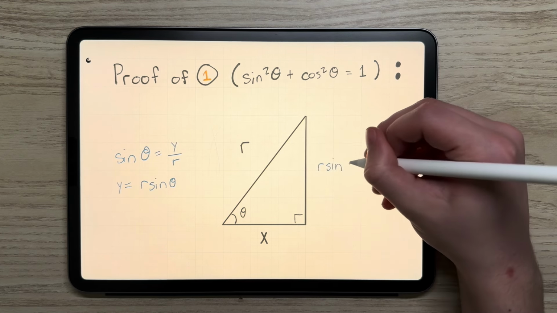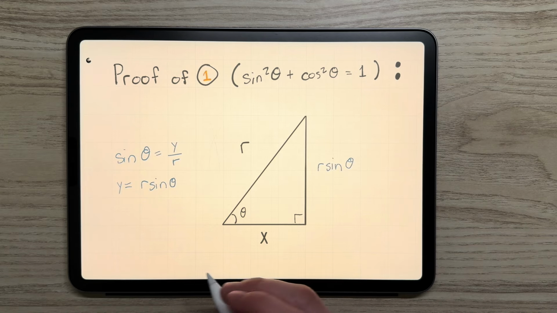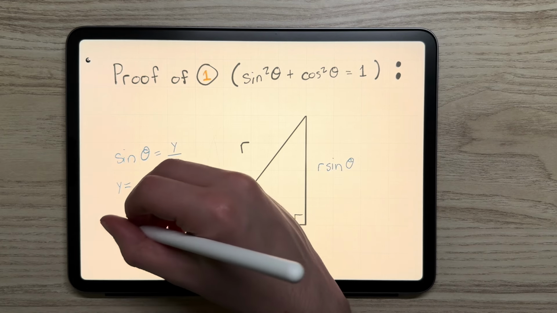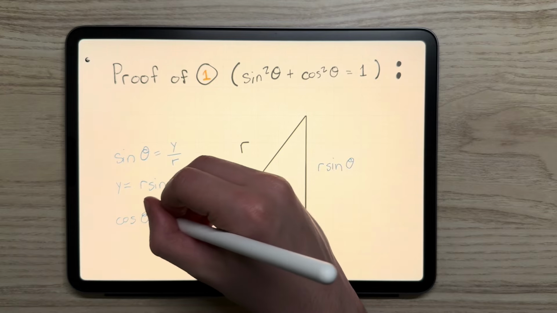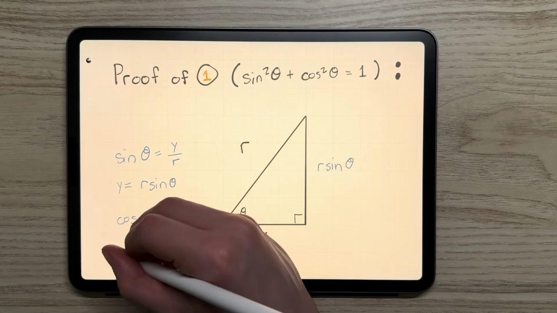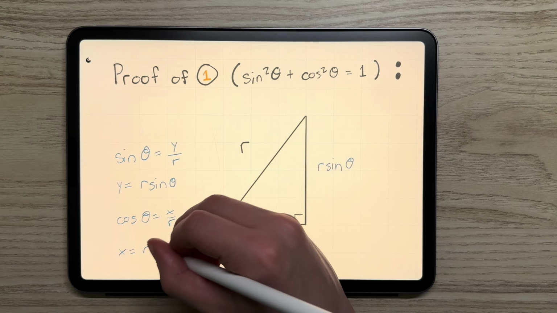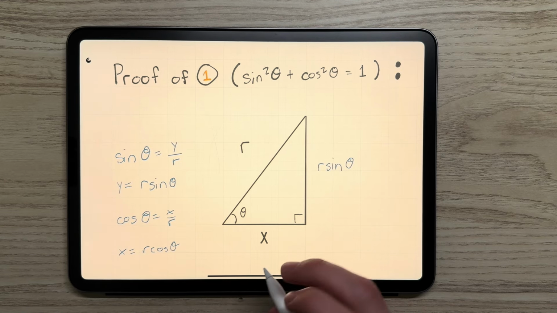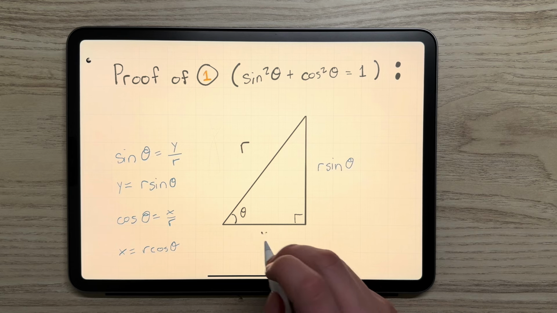So this side of the triangle is r sine theta. We can do a similar thing for this side because cosine theta is equal to x over r, adjacent over hypotenuse. That means x is equal to r cosine theta, and we can just plug it in.